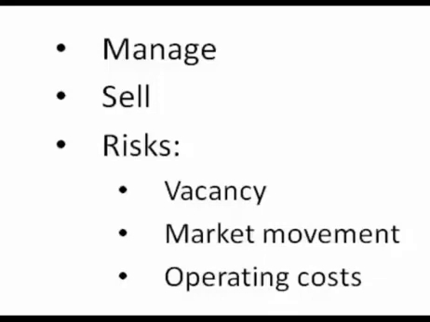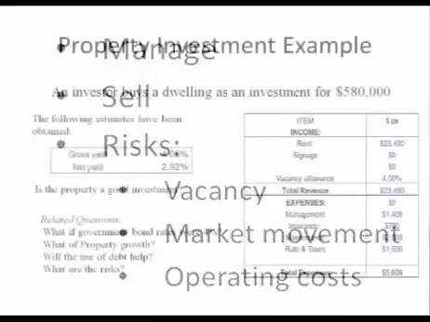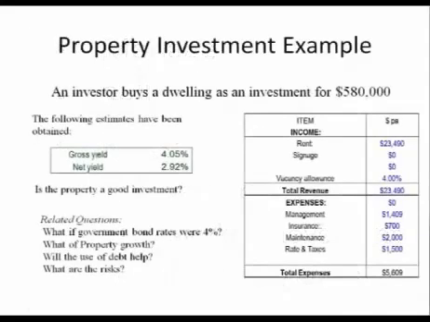Let's do some initial analysis on this property investment. Let's assume that we buy the property for about $580,000 and we do get the $450 per week. What we can then do is look at how the property is going to perform.